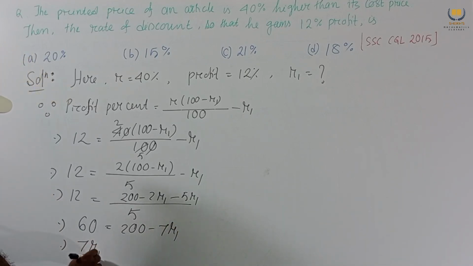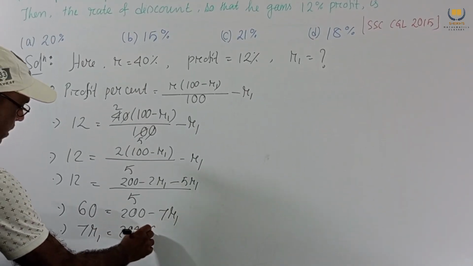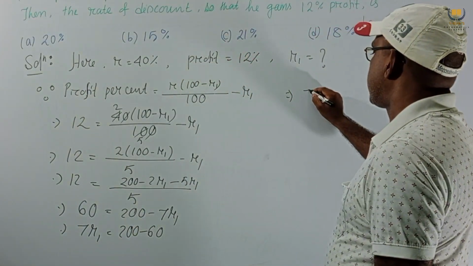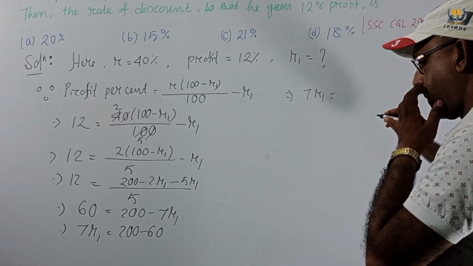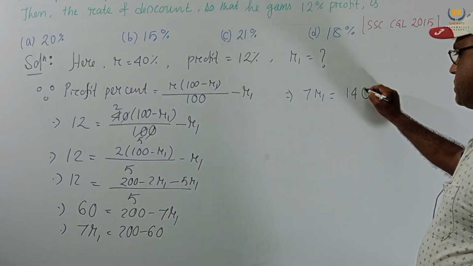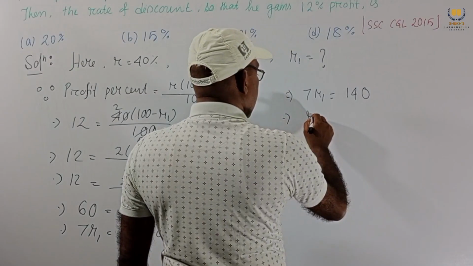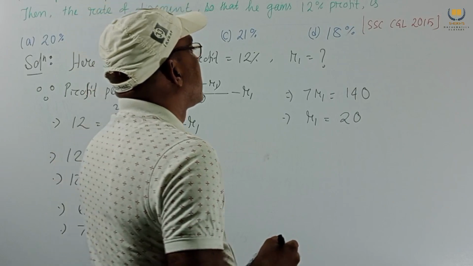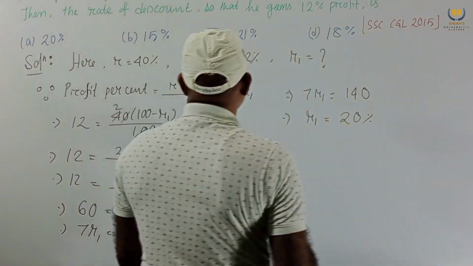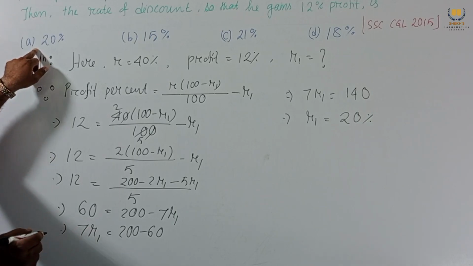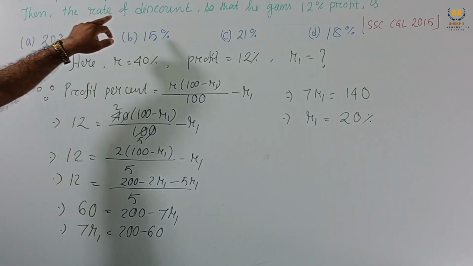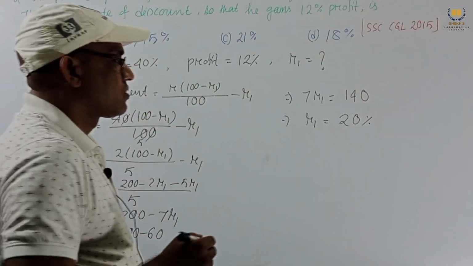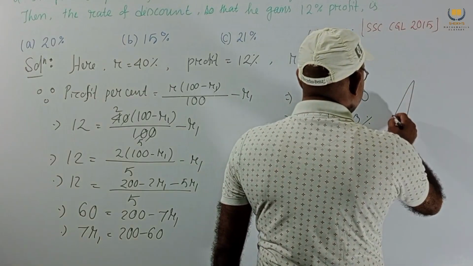This is 7R1 equal to 200 minus 60, and this implies 7R1 equal to 140, and R1 equal to 2. If we divide, we get 2. Then R1 equal to 20%. Option A is the correct option. Now our requirement, the rate of discount is 20%. So this is our answer.